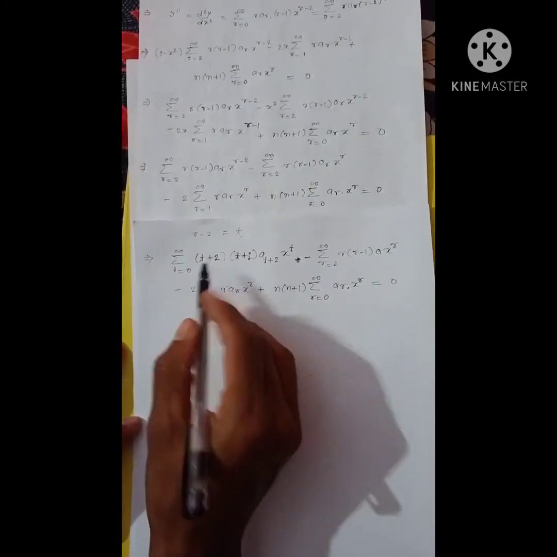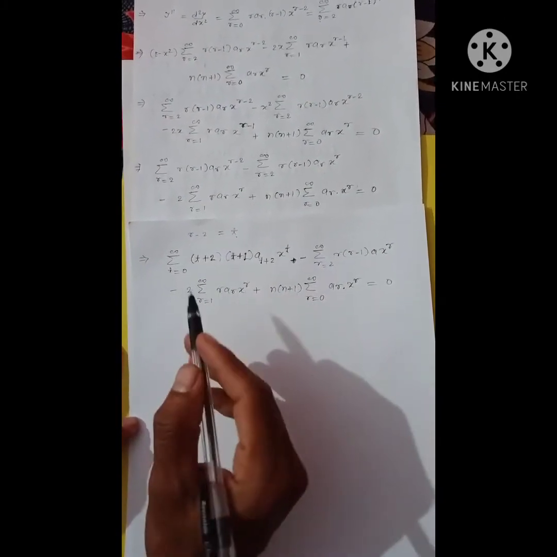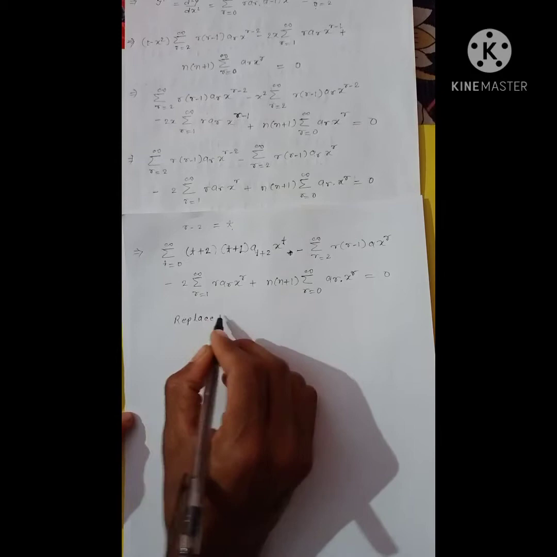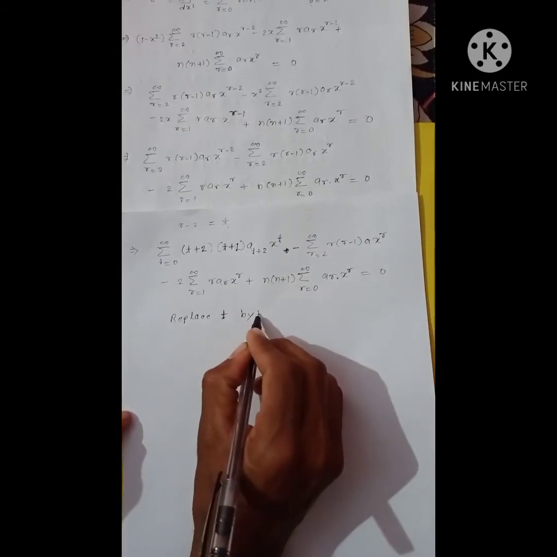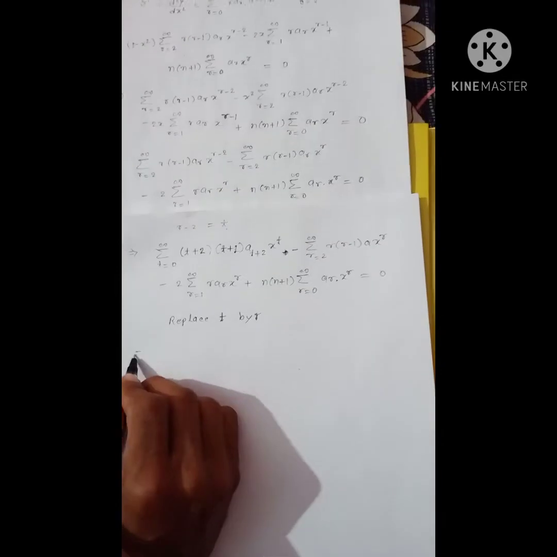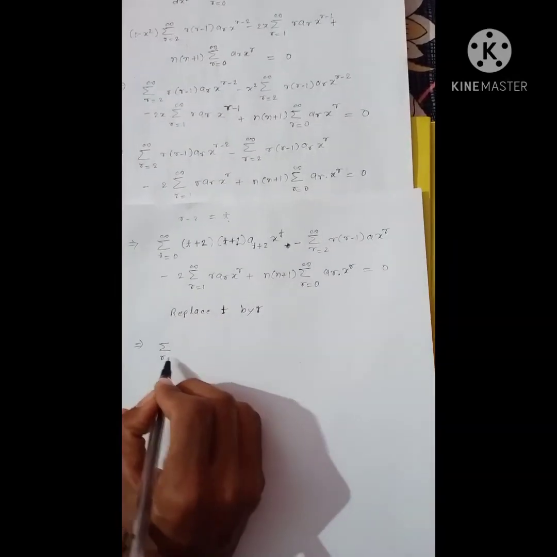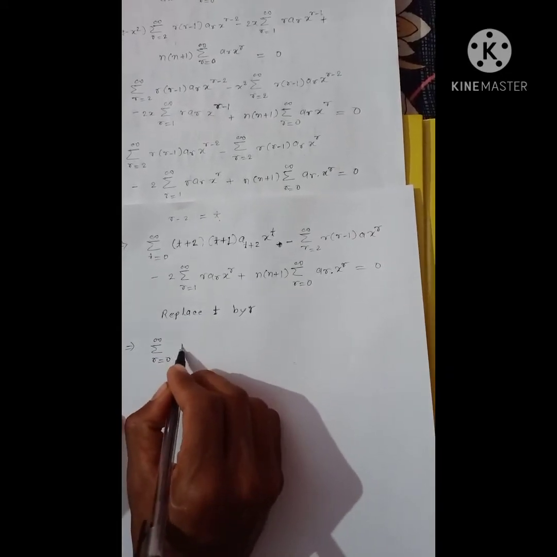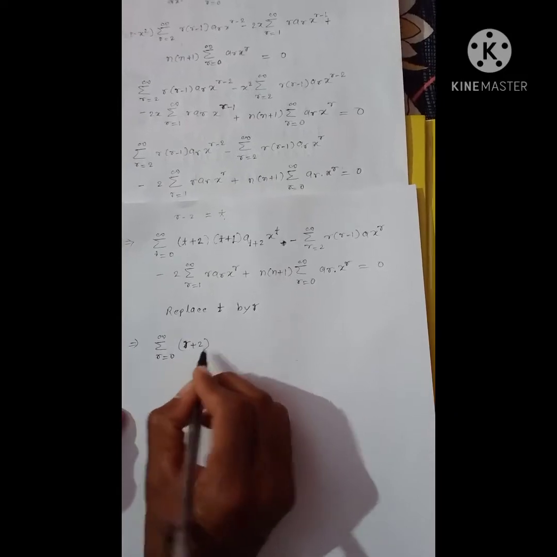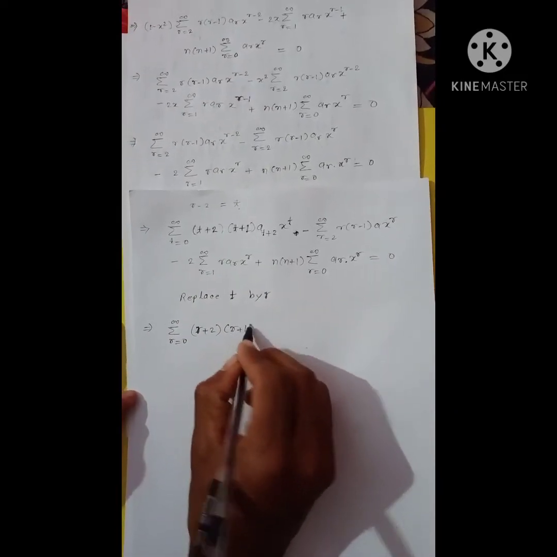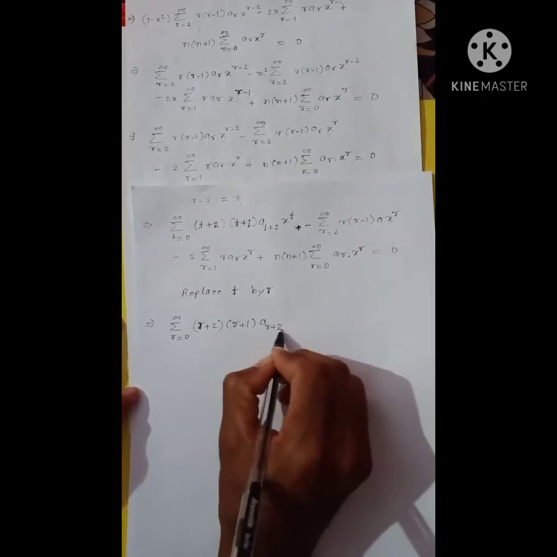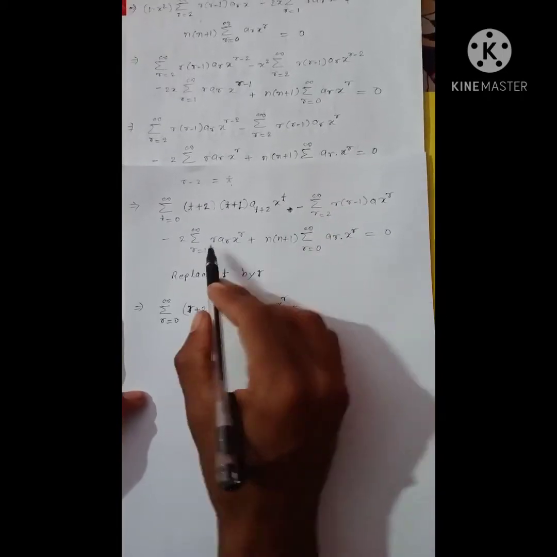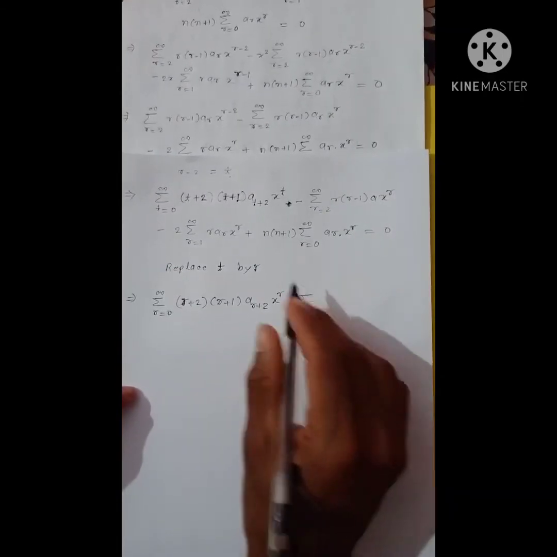Here t is a dummy variable, so we replace t by r. So we get summation r equal to 0 to infinity r plus 2 into r plus 1 into a r plus 2 into x to the power r, and this term and this term as it is.